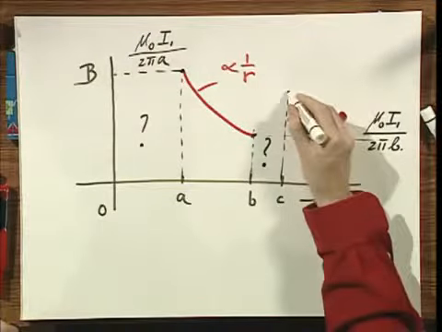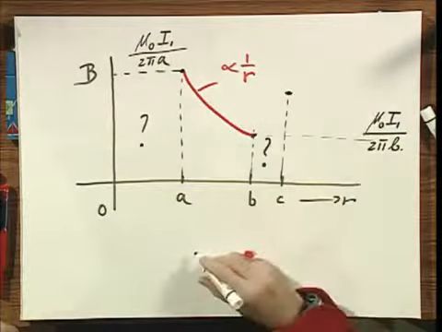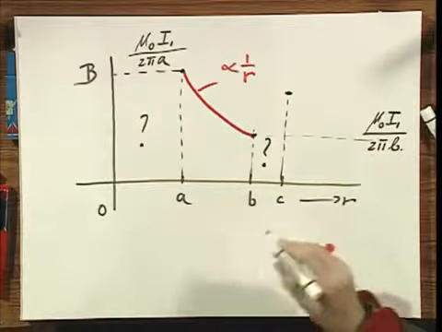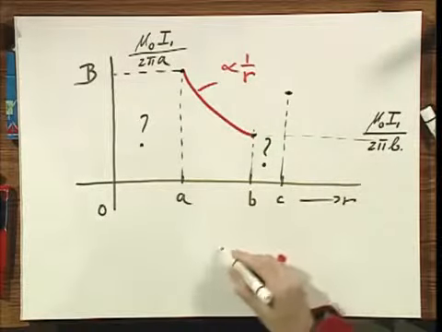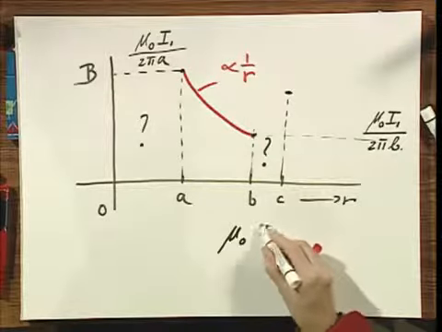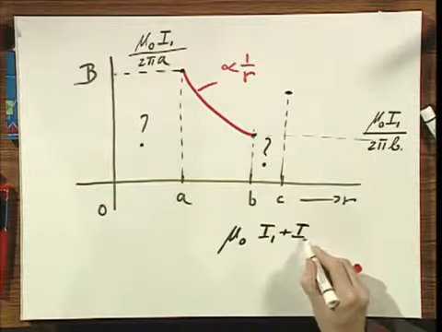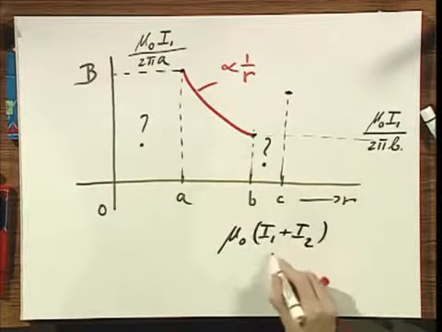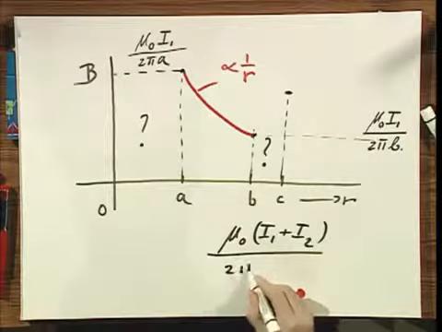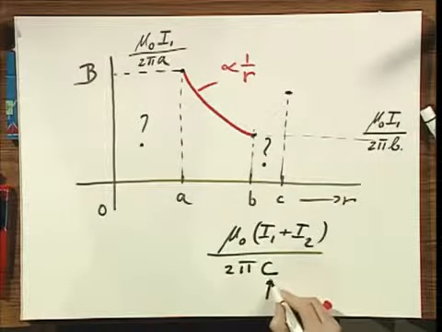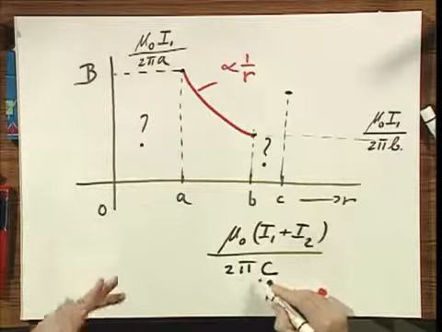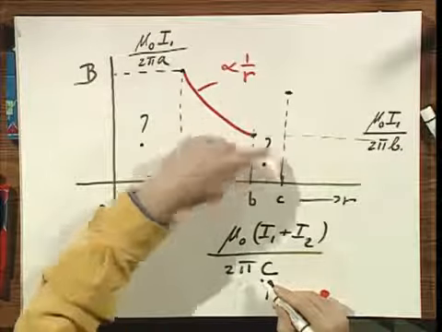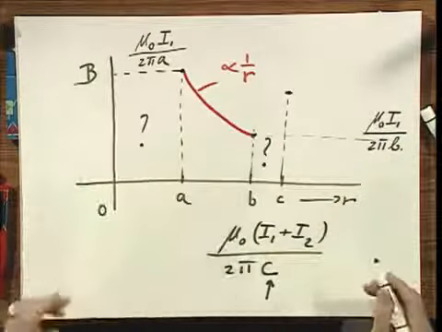I know that the magnetic field here, well, I know it mathematically. It is mu 0 times I1 plus I2, assuming that they run in the same direction, divided by 2 pi c, remember, 1 over r. Now, whether this is larger than this number or smaller, or larger than this number or smaller, I do not know.